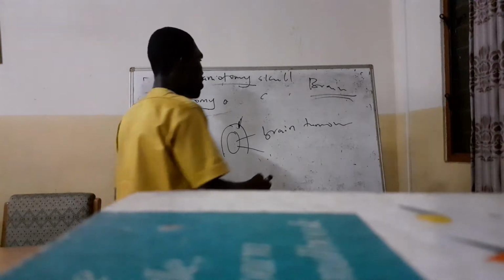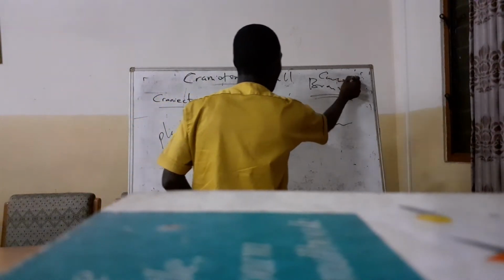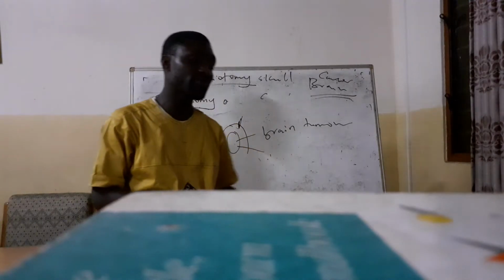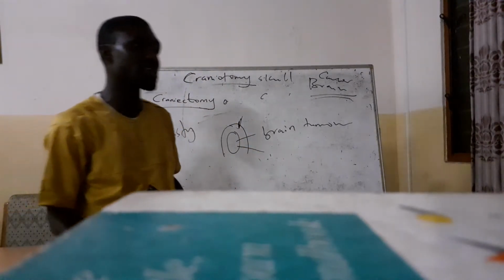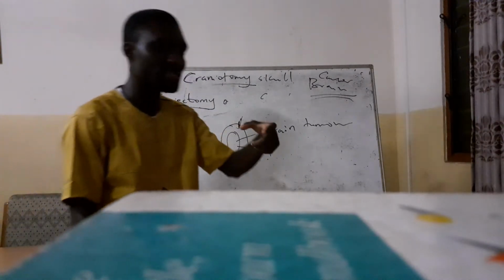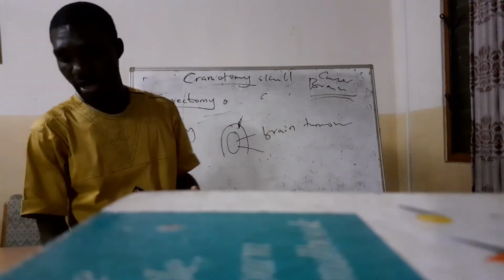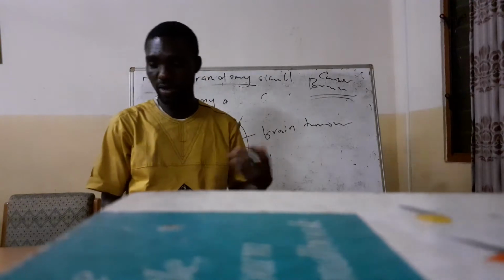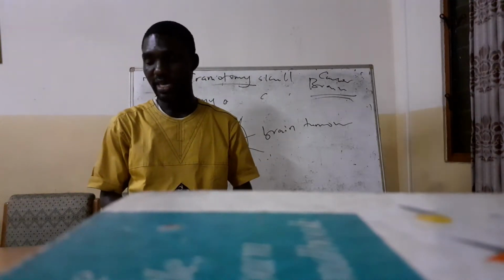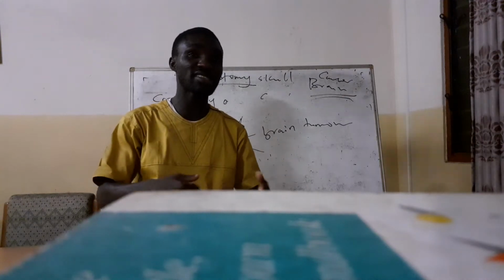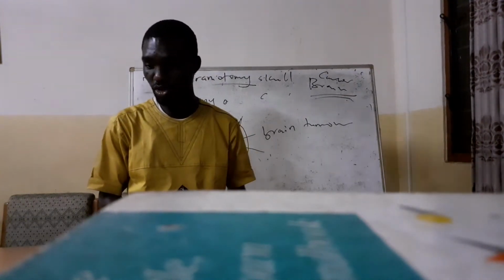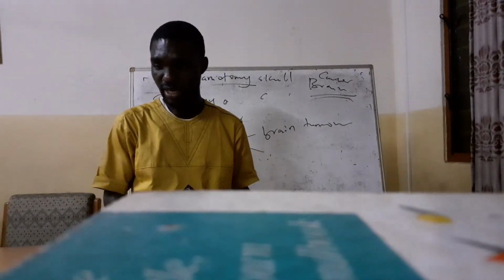Sometimes it's done for diagnostic purposes, if the doctor wants to get a brain tissue for analysis, so a biopsy of the brain tissues, a craniectomy can be done. And then if there is either subarachnoid hemorrhage or subdural hemorrhage, craniotomy can be done to drain the blood.